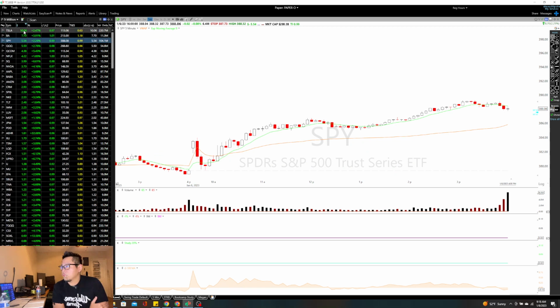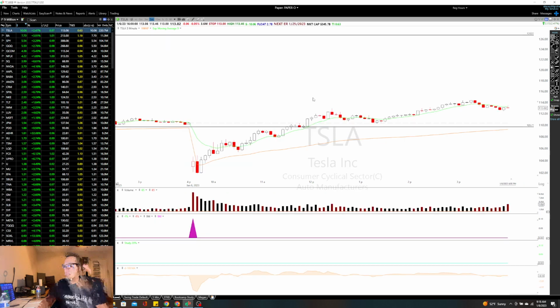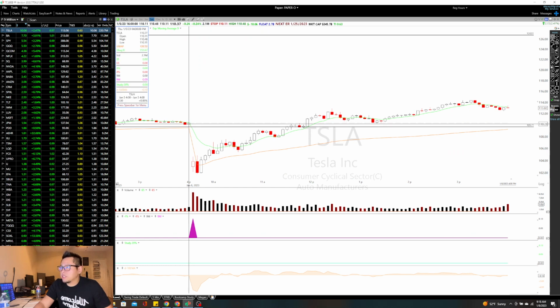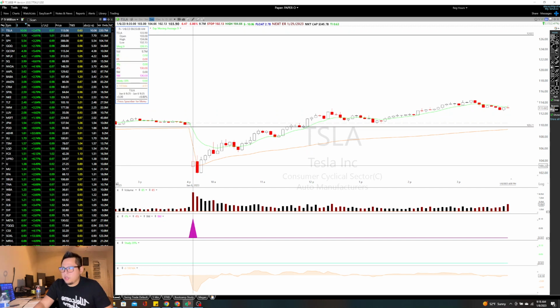So Tesla was the big mover. Let's look at Tesla. Let's look at the first few charts here. We go into the 5-minute time frame here, and Tesla yesterday closed at about 110. Then it gapped down. A lot of selling happened overnight or pre-market. It opened at about the $103 level, which was insane.